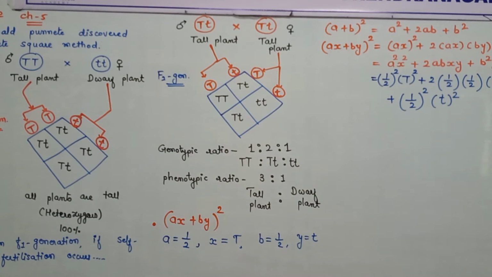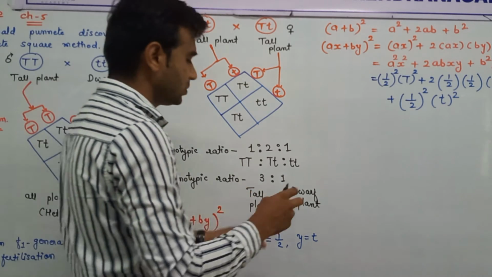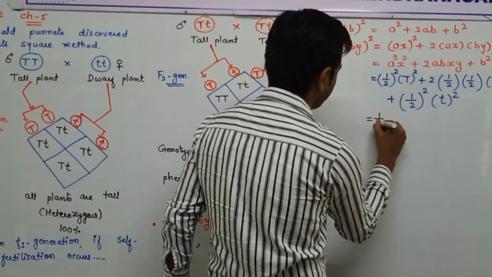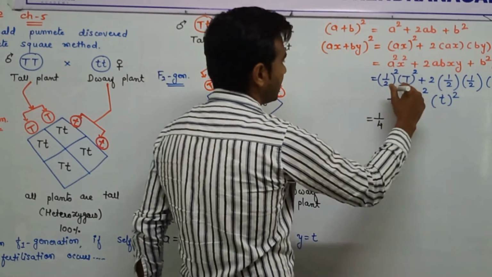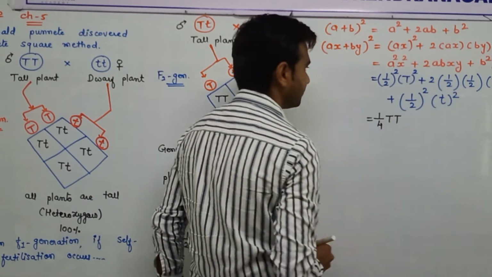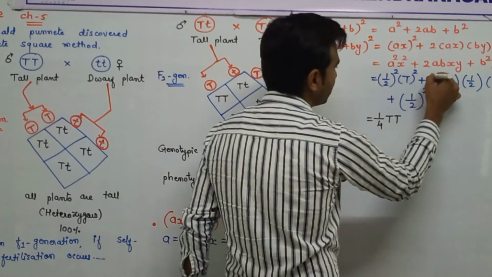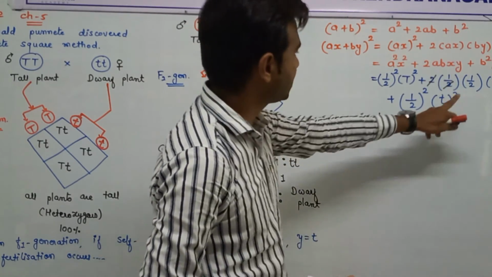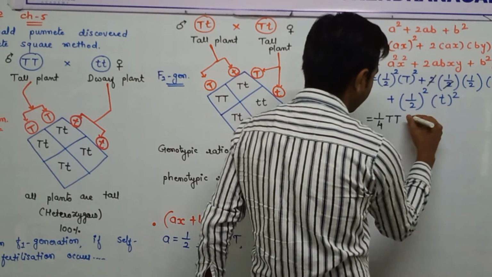Now calculate it. (1 by 2) square means 1 by 4 T square, that is written as capital T, capital T. Now here you know that 2 will cut. Now remains 1 by 2, and plus sign is here.